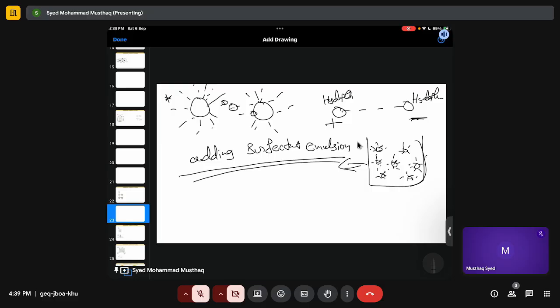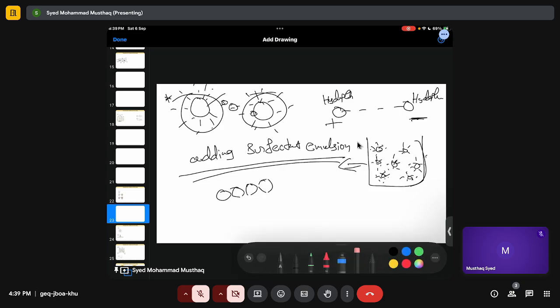Whenever you add these, what they do is they take out this surfactant, or take out this part. Then you have particles which start attracting to each other and agglomerate.